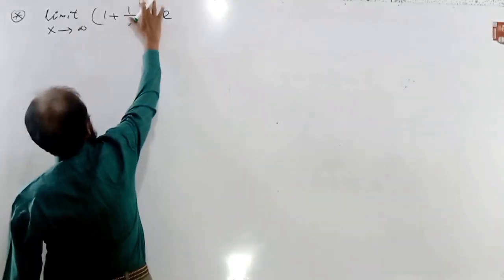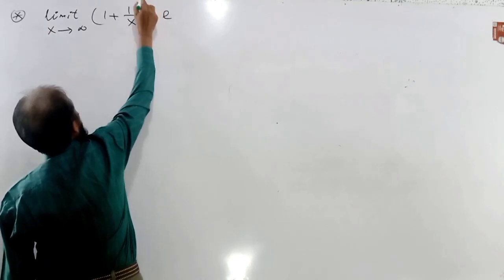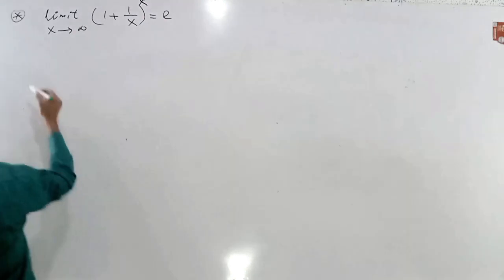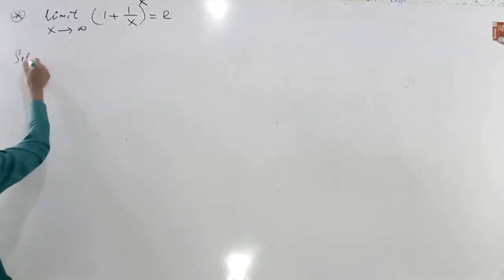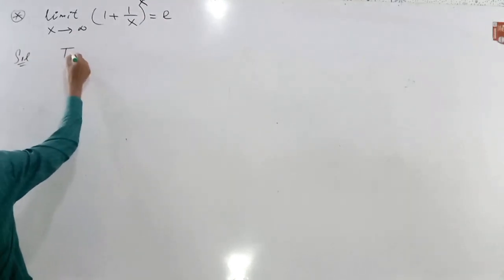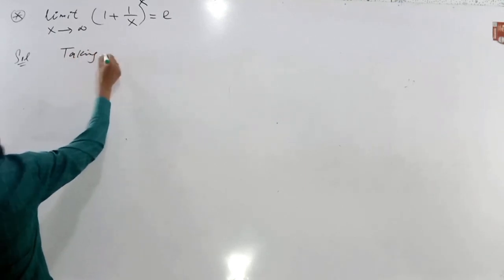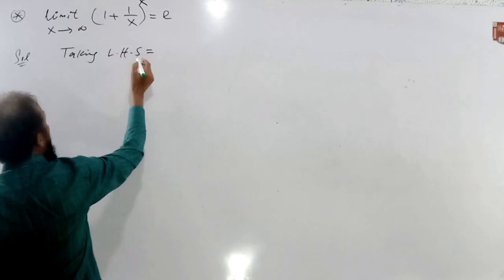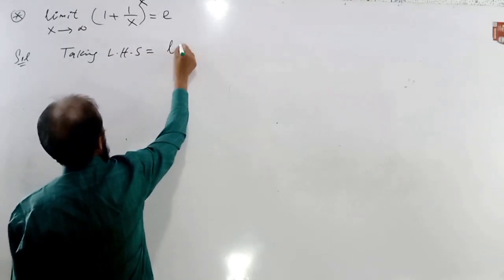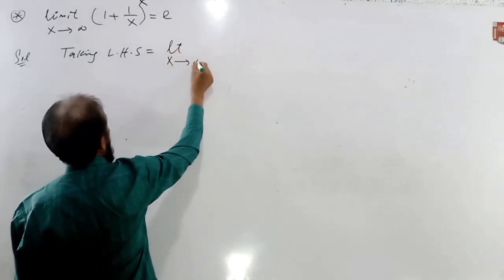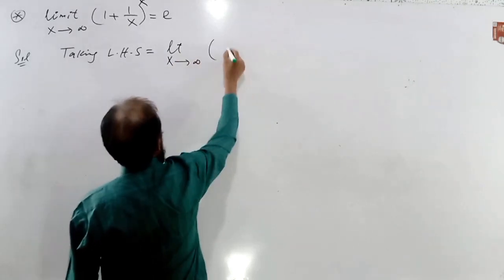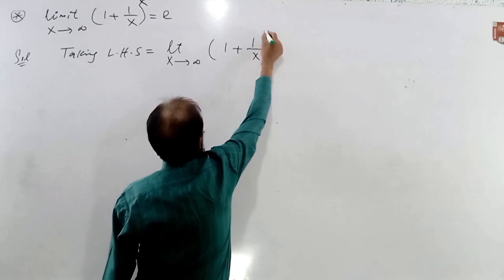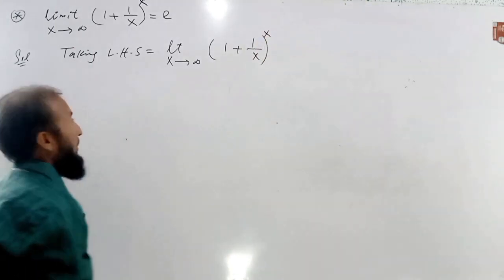The limit as x tends to infinity of (1 plus 1 over x) whole power x, the result will be equal to e. Now taking the left hand side: limit x tends to infinity of (1 plus 1 over x) whole power x.